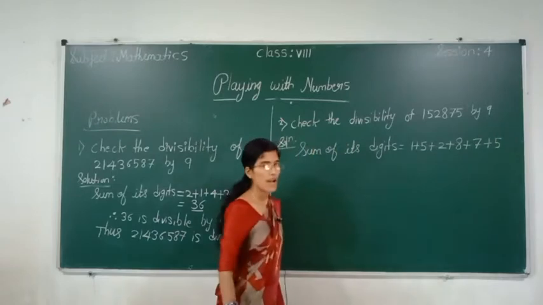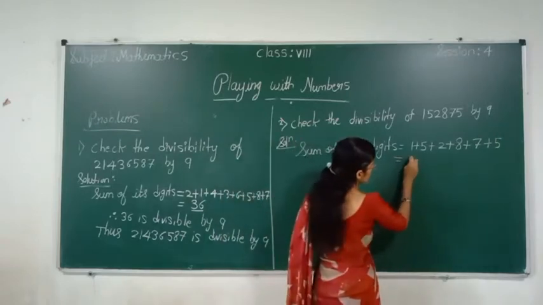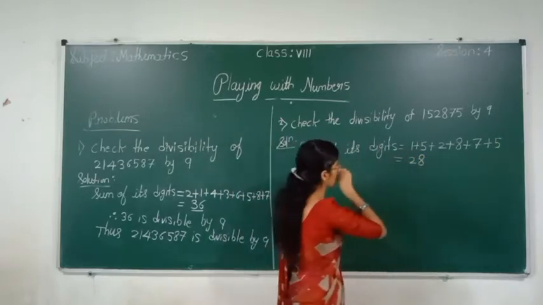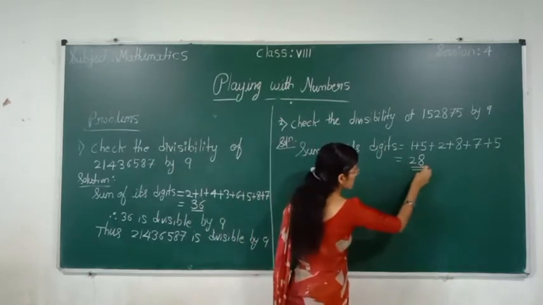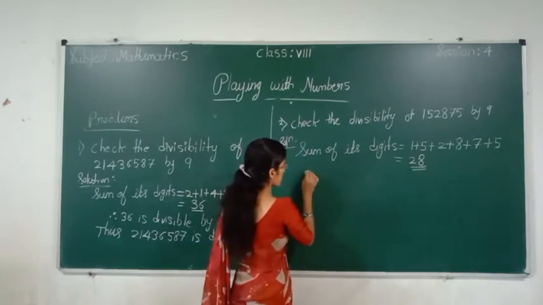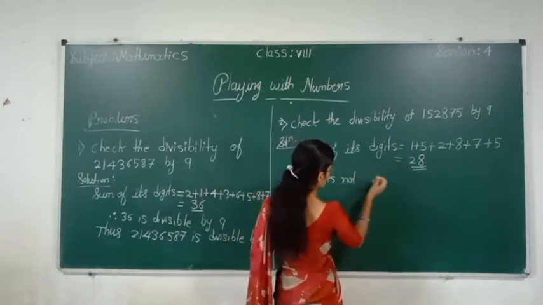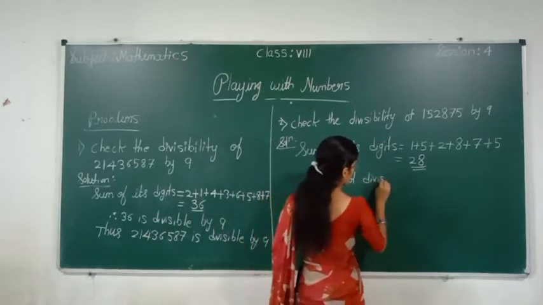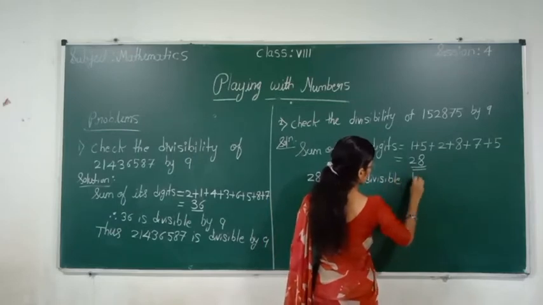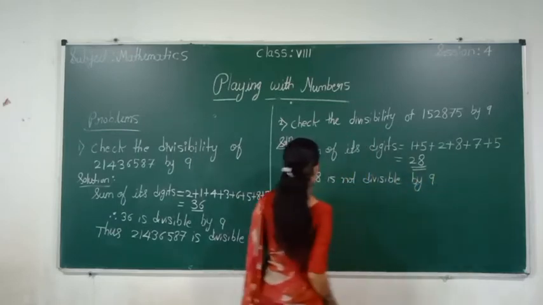If we add this, we are going to get 28. 28 is not divisible by 9.